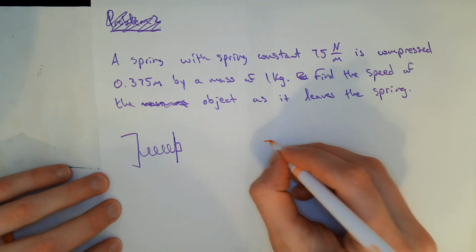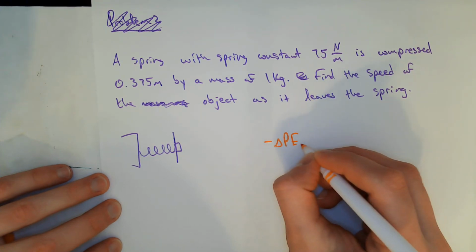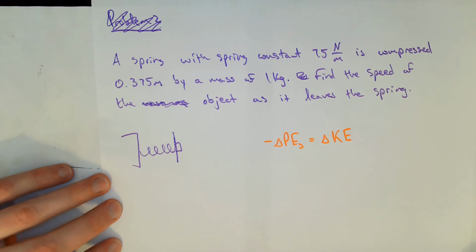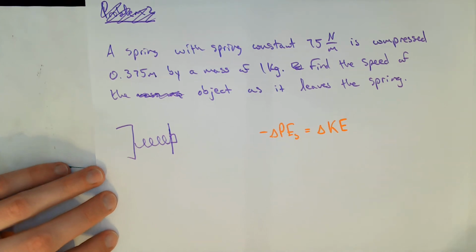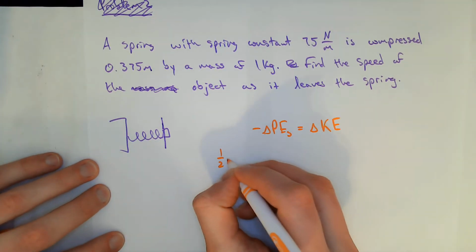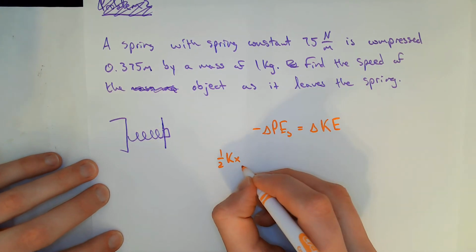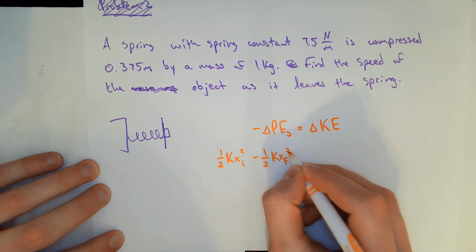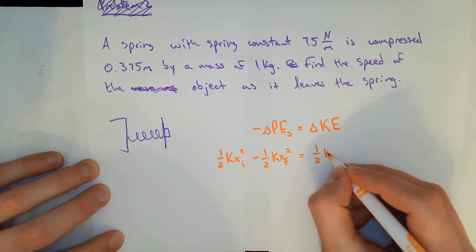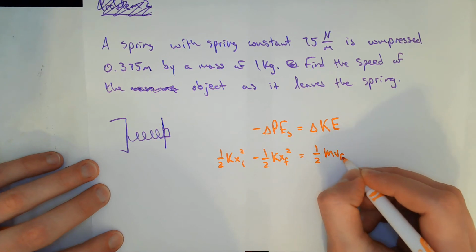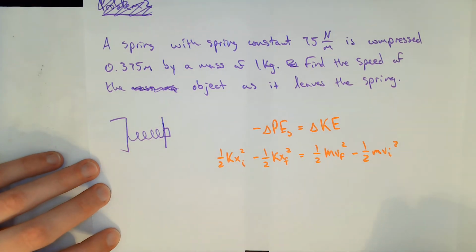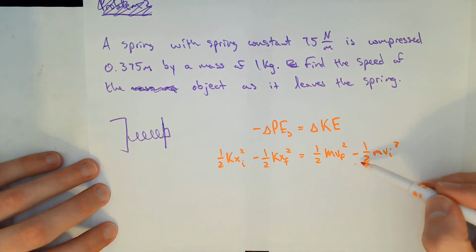So I have this relationship: 1/2 kx initial squared minus 1/2 kx final squared equals 1/2 mv final squared minus 1/2 mv initial squared. V initial, though, is 0. It's just sitting there.